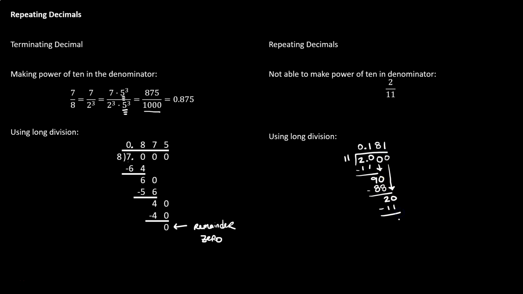Subtract that 11, we're left with 9. Add a 0, bring it down. 11 goes into 90 8 times. Subtract off the 88. We're left with 2. We still don't have a 0 remainder, and so we can keep repeating this process, but maybe we're already starting to predict that we're going to end up with the same pattern over and over and over.